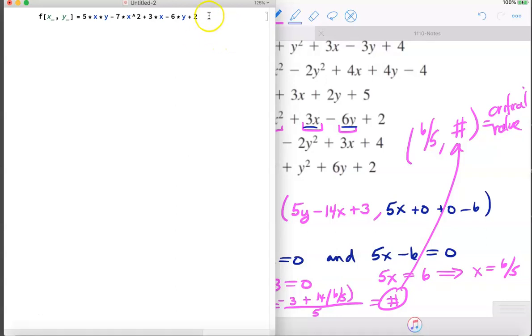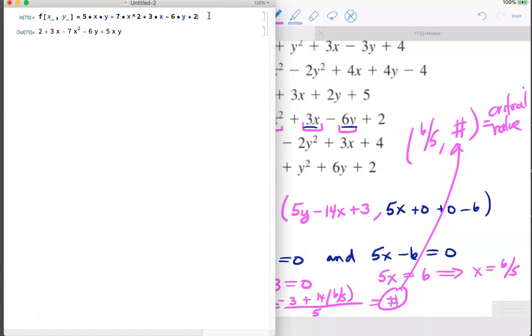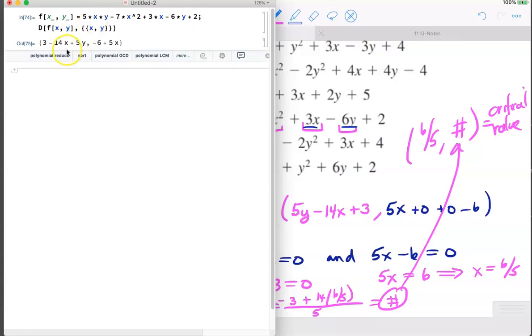Okay, and we can create, let's see, the slick way to do this is to take the derivative of the function with respect to the variables, take the derivative with respect to x and y, and there is your gradient vector. So the derivative of the function with respect to x and y. Okay.